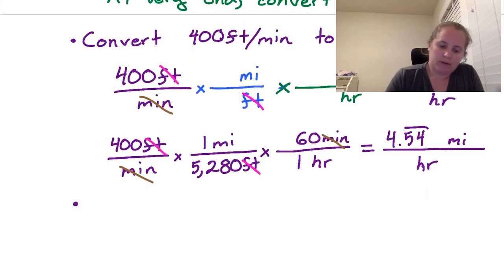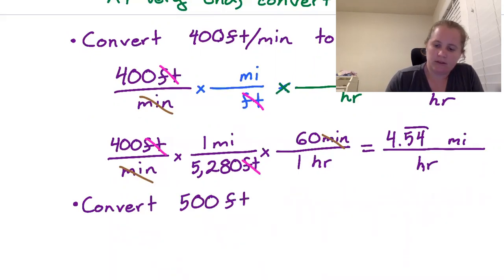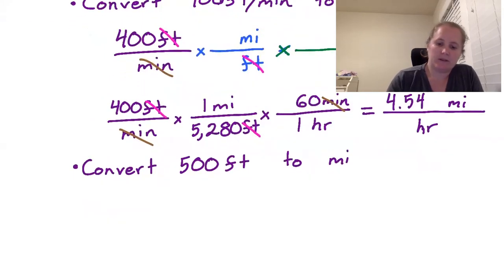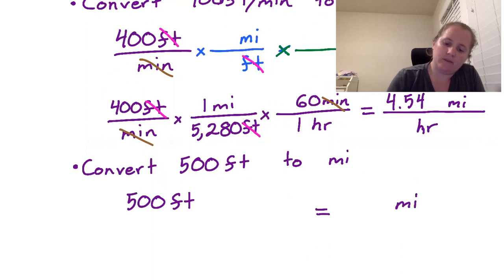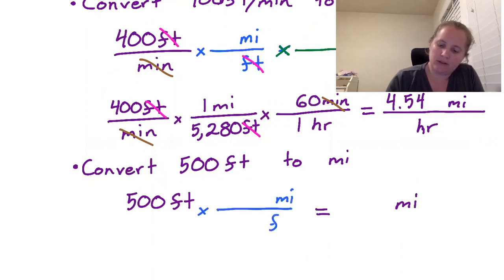So we're going to convert 500 feet to miles. This one's much faster, right? We're just going 500 feet, want to convert to miles. And we can do our miles over feet so that the feet cancel out, and that would indeed give us miles as our final answer.